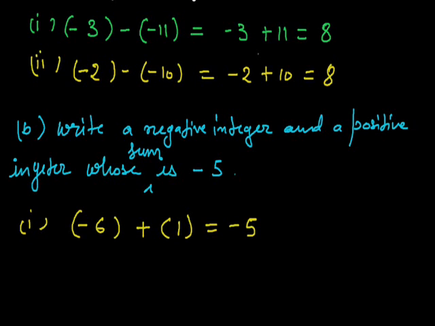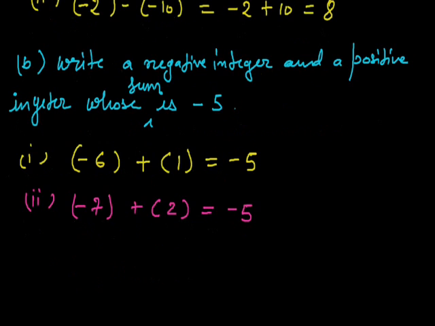You can choose another pair if you want. You can take -7 and the positive integer you can take 2, so it will give you again -5. If you want to take another pair, you can take -8, the negative integer, and the second one you can take as 3, which will again give you -5.